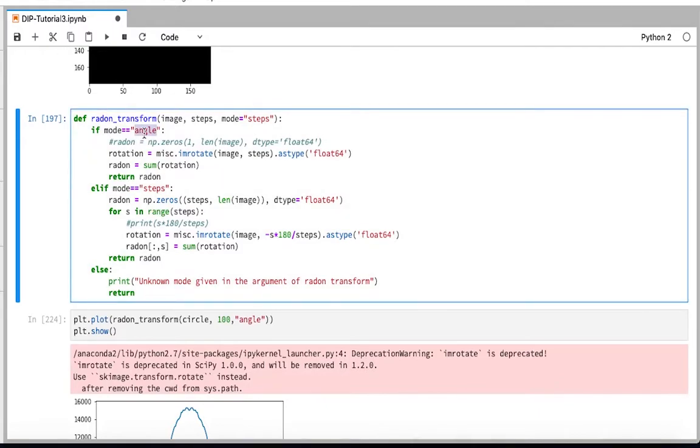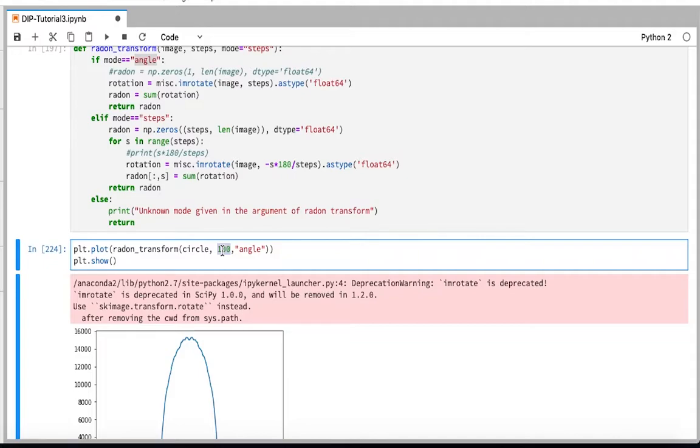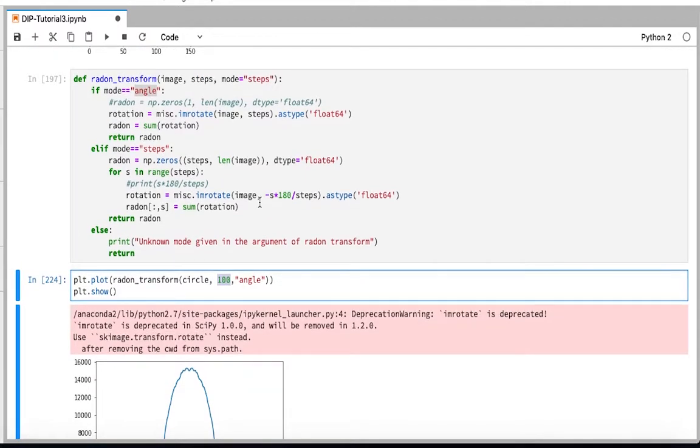For every angle I choose, let's say I want to measure the absorption profile from an angle of 100 degrees, what I do is rotate the image by 100 degrees, and just take the summation along the chosen axis.